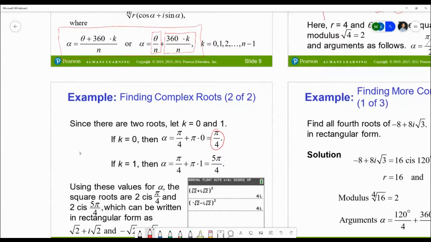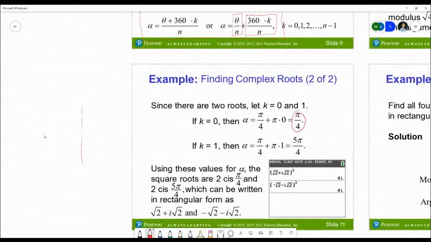Now, we can draw that here. This is pi over 4. This is our first one. And since we only have 2 roots, the other one will be directly opposite from there, which means that the angle here is 180 degrees. So if this is pi over 4, this would be 5 pi over 4 over here. So that gives us our 2 angles.